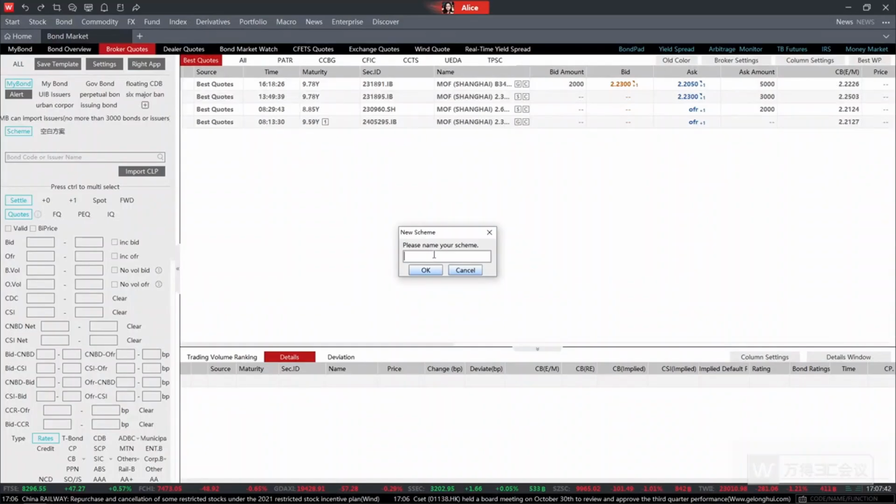For example, we can save it as interest rate bond, which we can shorten to IR. Then we just press the OK button. Then the filtering result will be showing over here. Next time, you can just click over here, and the result will show automatically on the right hand side. It can really elevate your trading efficiency.